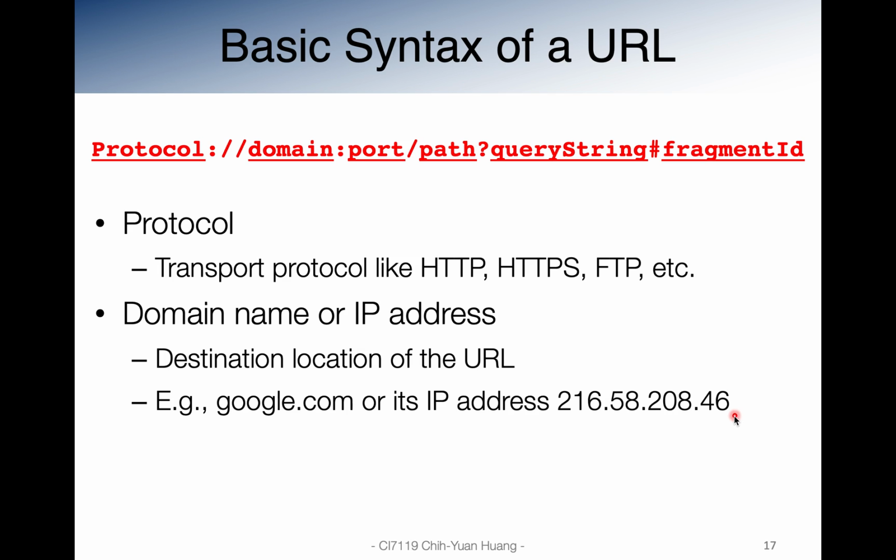However, this series of numbers is not easy for a human being to memorize. So a more friendly mechanism was proposed, which is what we call the domain name. For example, for this IP address, people can use google.com instead, so you don't need to remember the IP address of Google.